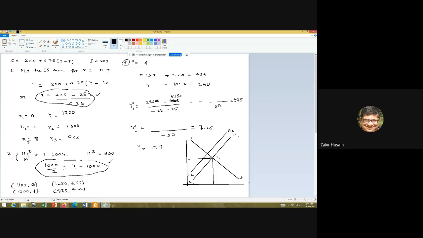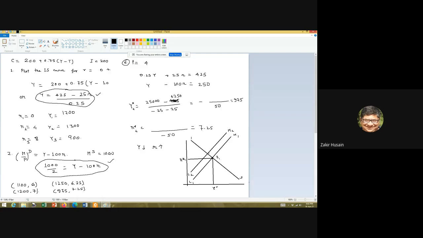What will this be here? Excess demand or excess supply? Sir, then we are not in IS curve equilibrium here? No, we are here, okay? Because neither R nor Y has changed. So we are at this position.